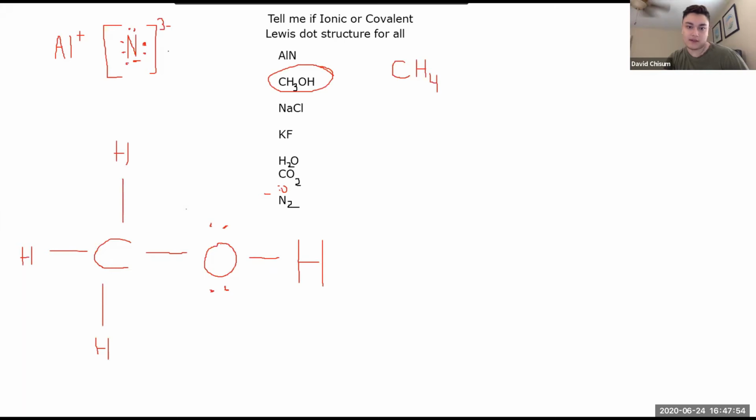So 4 plus 3 plus 6 plus 1 equals 14, and it'll equal 14 valence electrons.